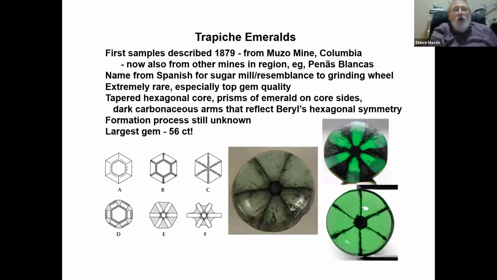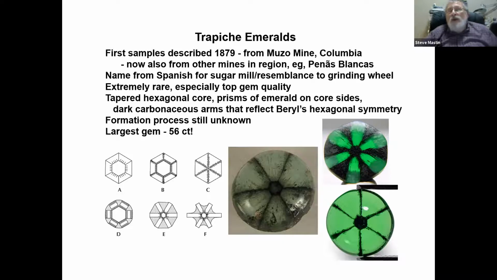And it turns out that the Trapiches actually have parts that make sense. They've got a core. Sometimes it's invisible or very small. And then there are prisms of emerald that grow up on the sides of those cores. And then those arms are actually made up of organics, carbonaceous materials.